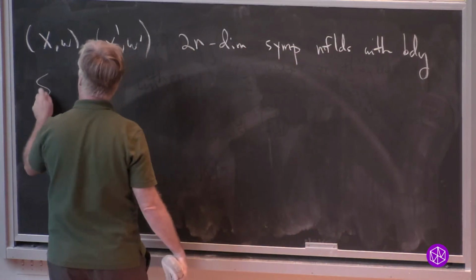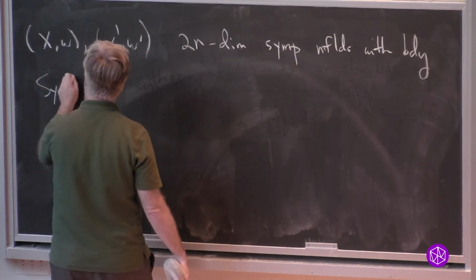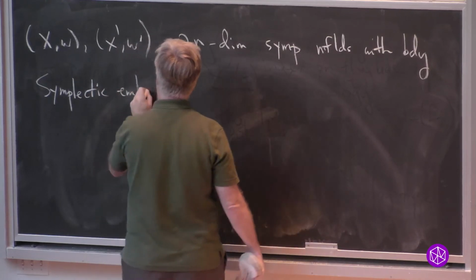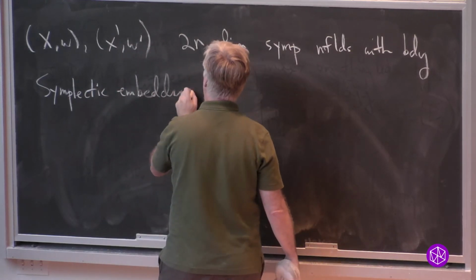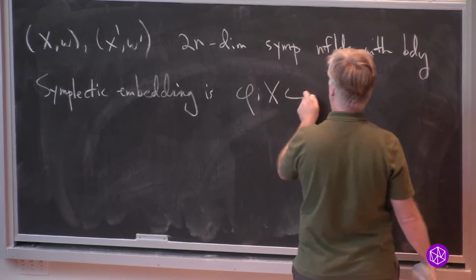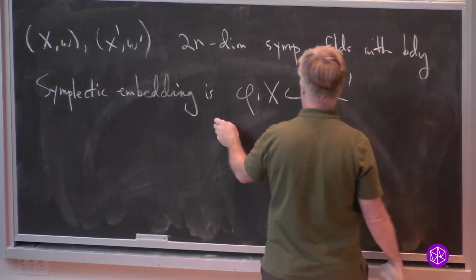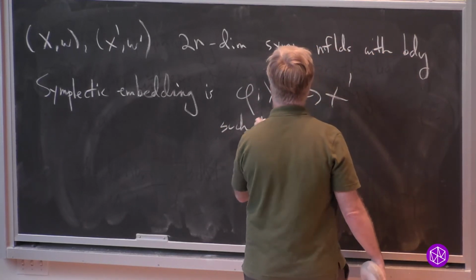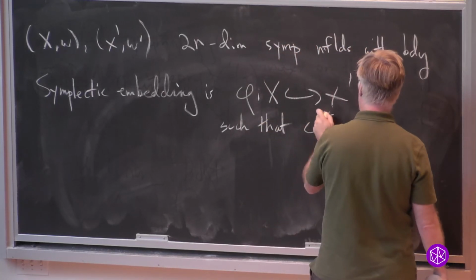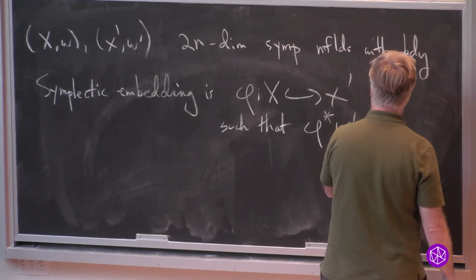And a symplectic embedding is a smooth embedding phi from X to X prime such that the pullback of omega prime is omega.